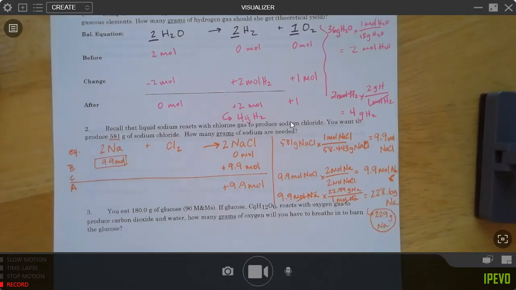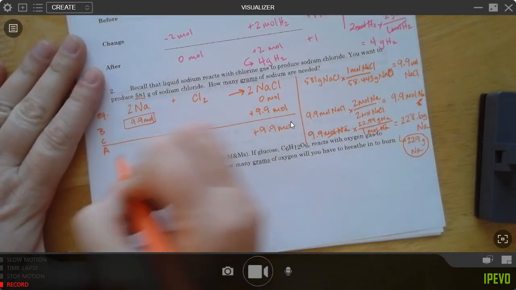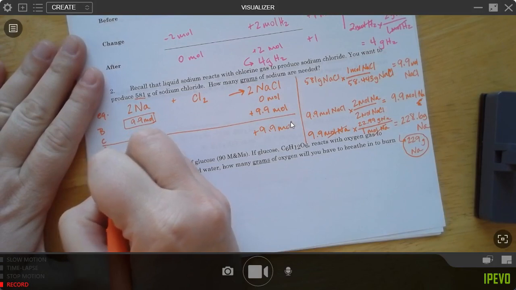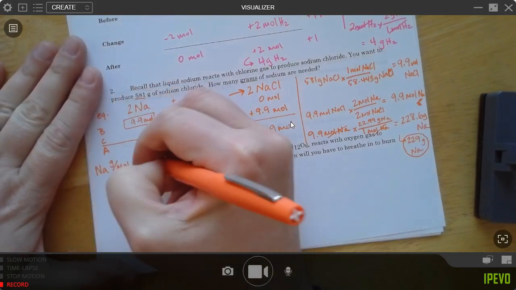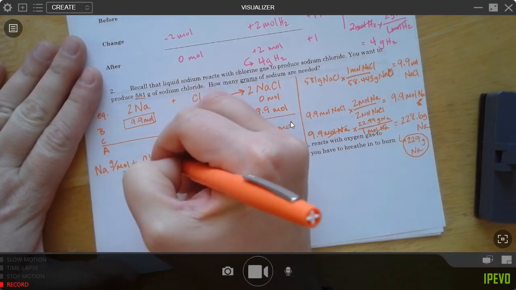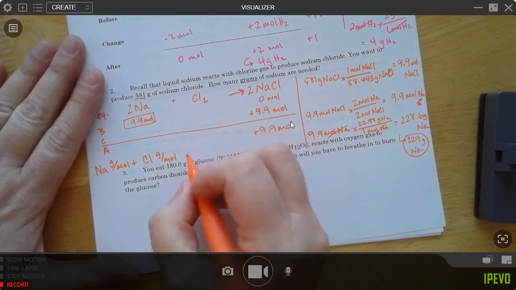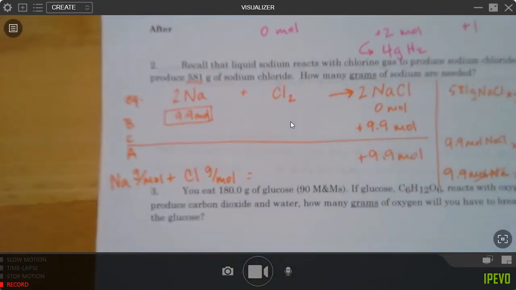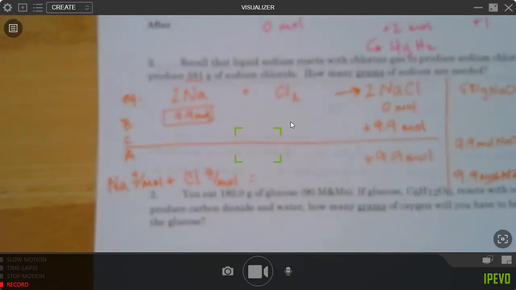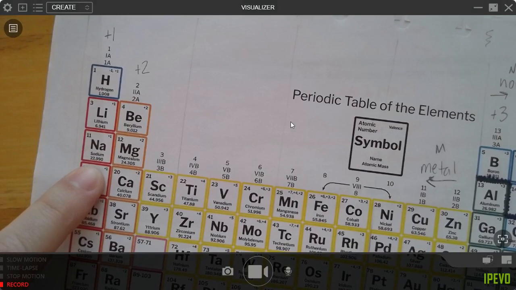So to get that 58.443, what we have to do is add our grams per mole for sodium to our chlorine grams per mole. And we only have one of each of those in our product. And so I'm going to look at my periodic table. So here for sodium, I have 22.990.